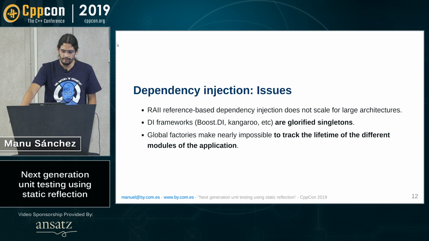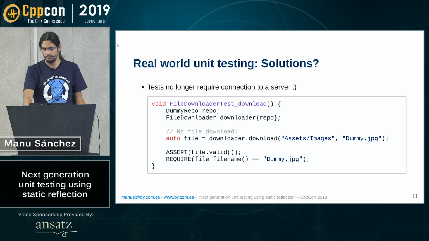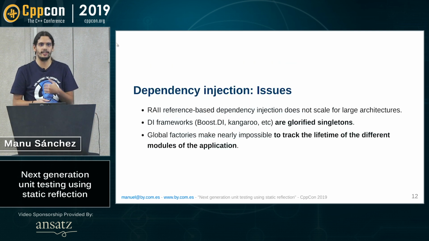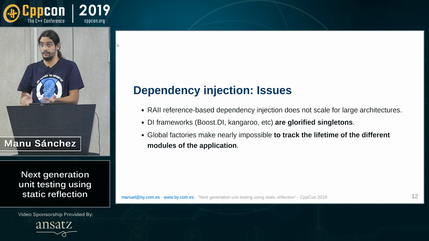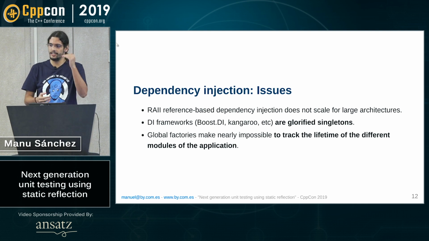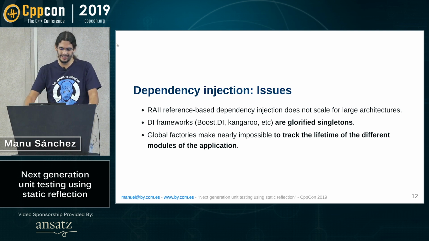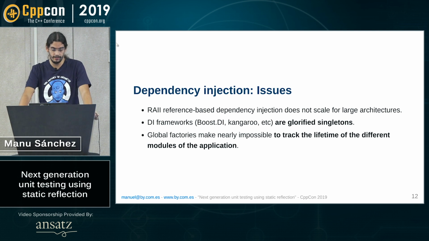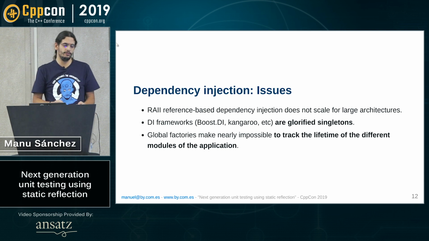It works well for tiny example cases like this, but once you start having a large architecture with thousands, tens, whatever, of modules, recursive dependencies, inner layers in your application, passing every dependency through every layer of your software is really, really complicated, almost impossible. The other usual solution is using dependency injection frameworks.